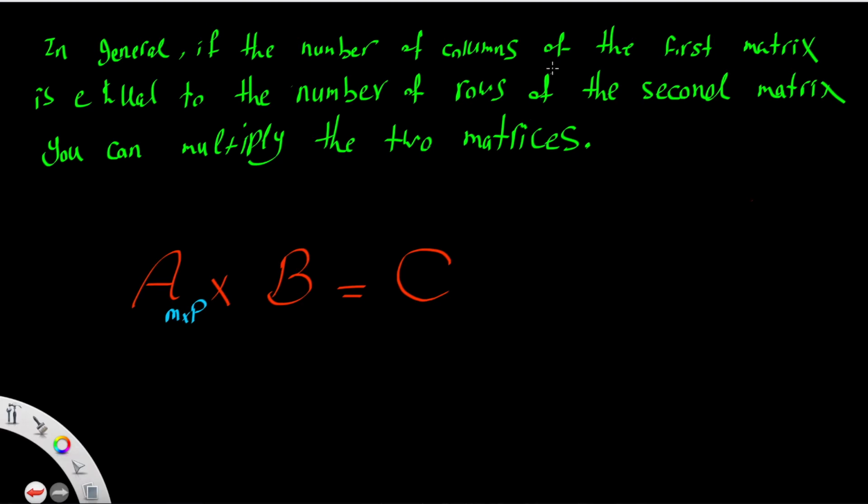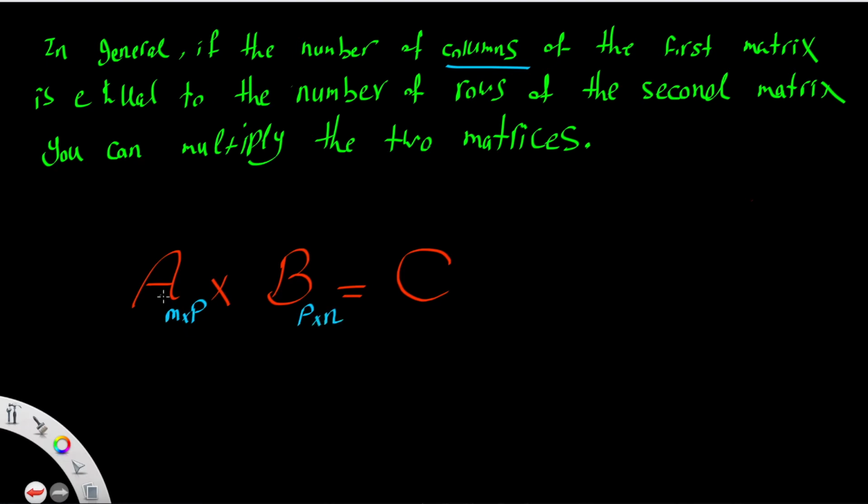As the p is directly saying the number of columns of the first matrix, the number of columns in the first matrix is p, which should be equal to the number of rows of the second matrix. So in B, the number of rows, which is the first element, should be p. So suppose that it is p by n.